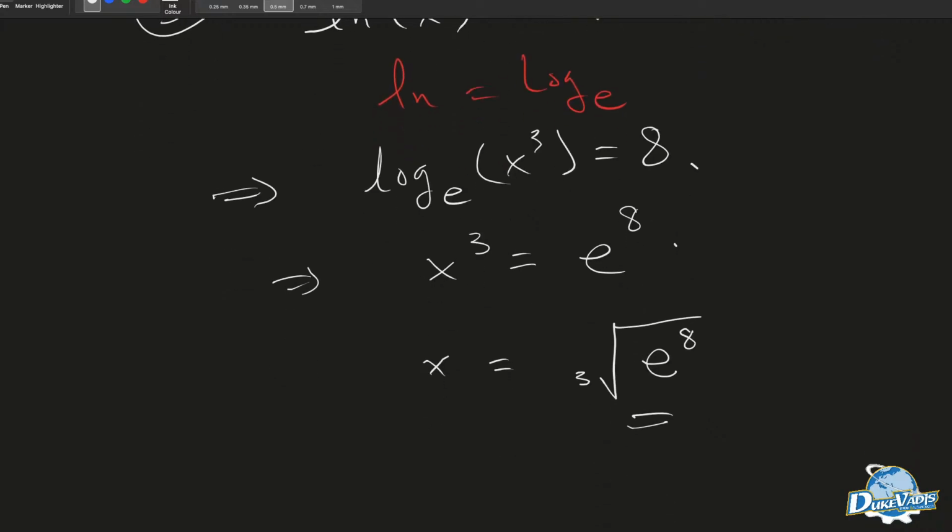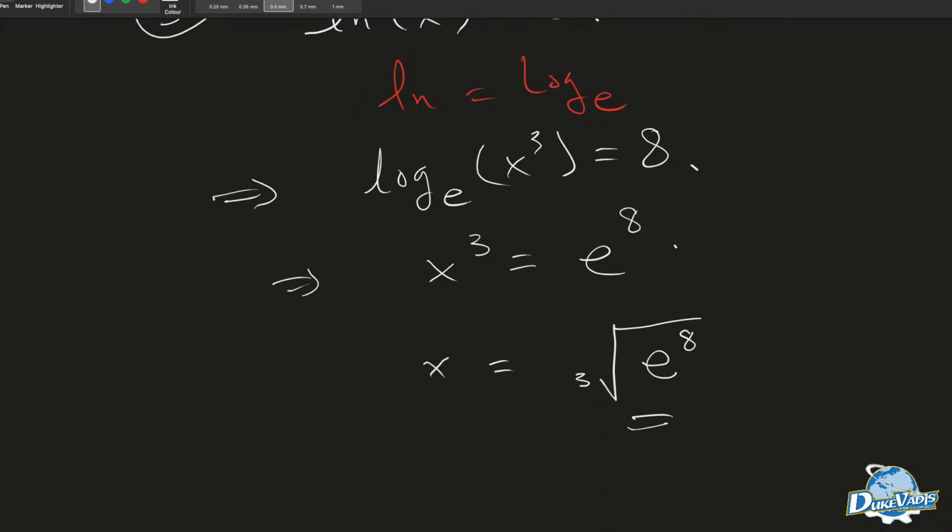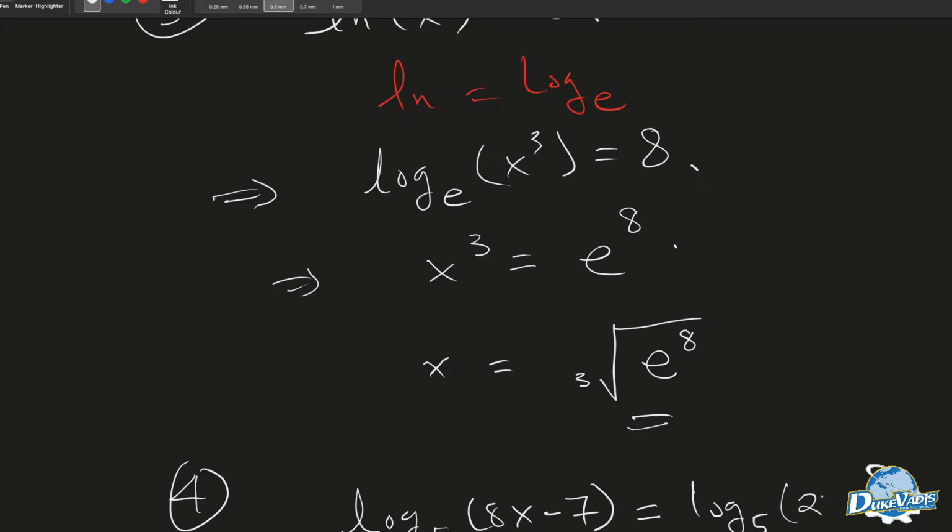As you can see over here, question 4. Question 4 says we have log to base 5 of 8x minus 7 is equal to log to the base 5 of 2x plus 13.